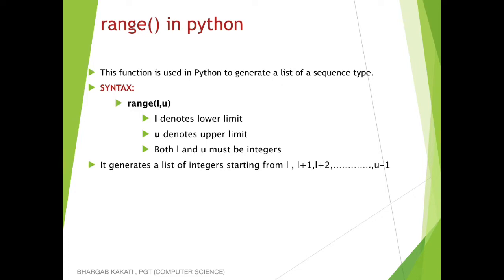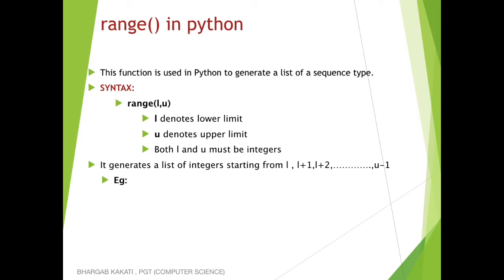So what does the range function do? It will generate a list of integers from the lower limit to the upper limit minus 1. That means if I write range 2, 10, then the set of integers will be 2, 3, 4, 5, 6, 7, 8 and 9. That means one less than the upper limit.